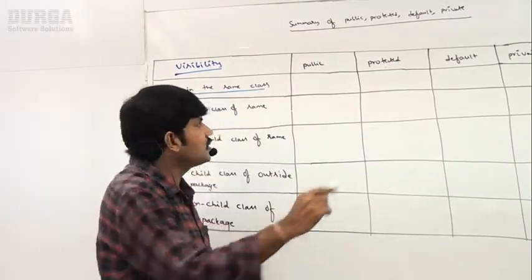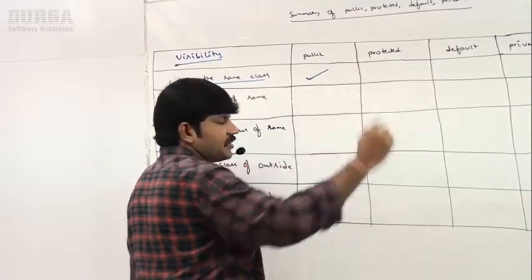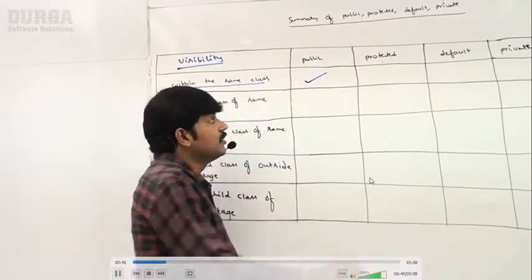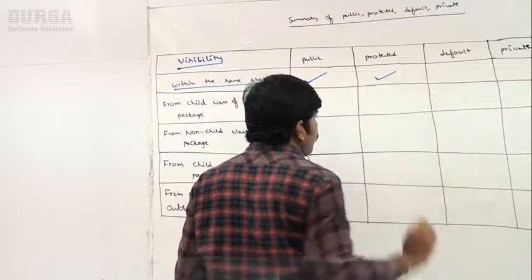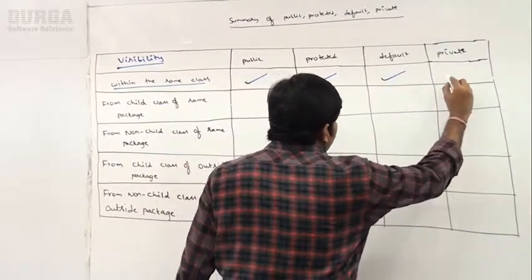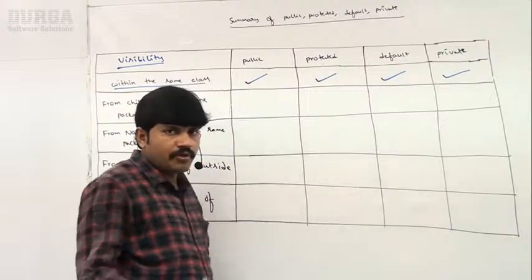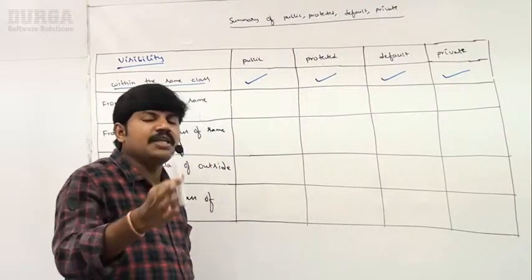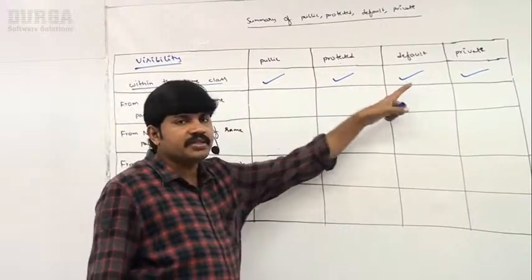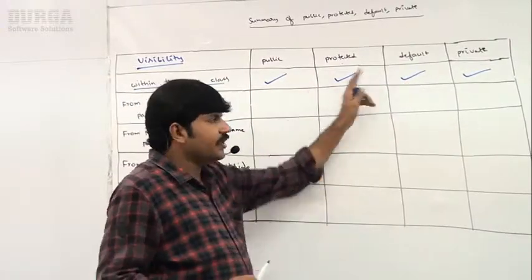Within the same class, a public member, yes, happily you are allowed to access. Protected, default and private members are also visible. So if you want to access any variable or method within the same class, there are no restrictions.